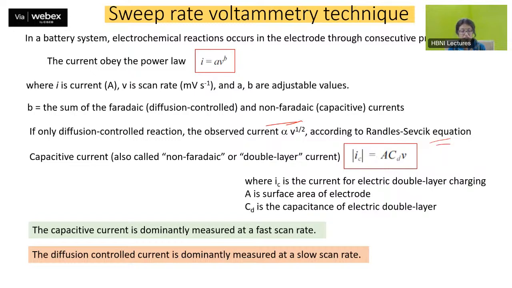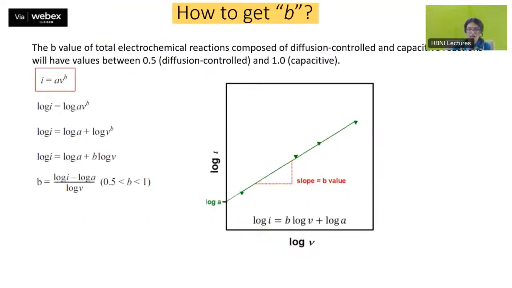The capacitive current is dominantly measured when you have a fast scan rate, and the diffusion controlled current is dominantly measured when you have a very slow scan rate. So the B value of the total electrochemical reaction is composed of diffusion controlled and capacitive reactions, and it is going to have a value between 0.5, which is diffusion controlled, and 1, which is capacitive.